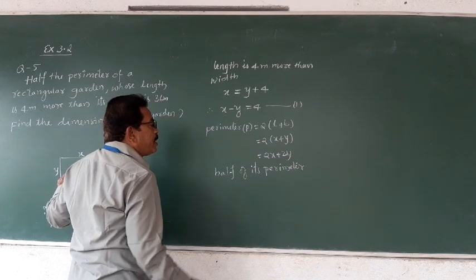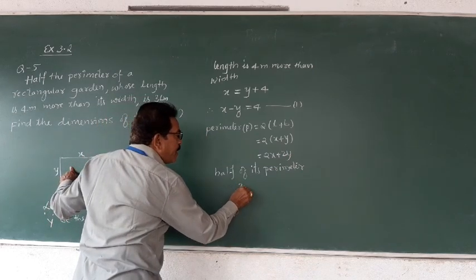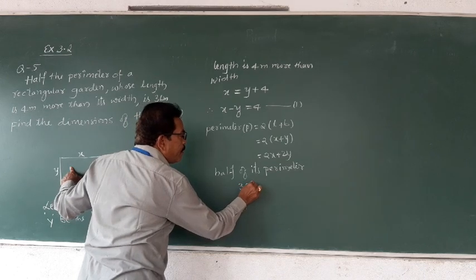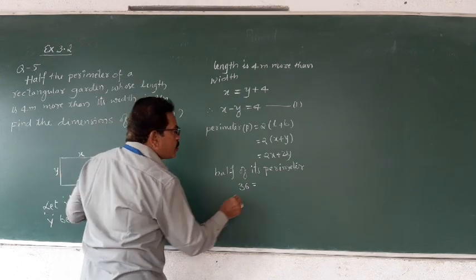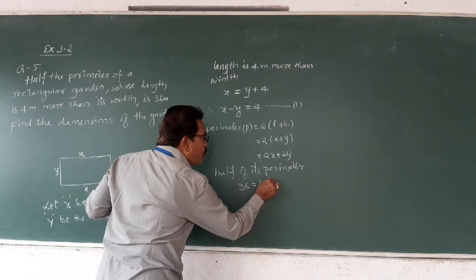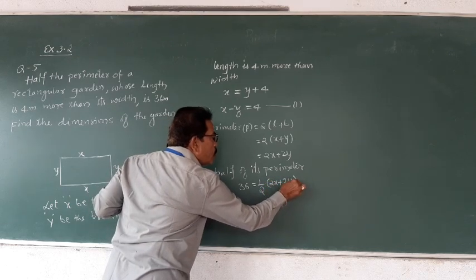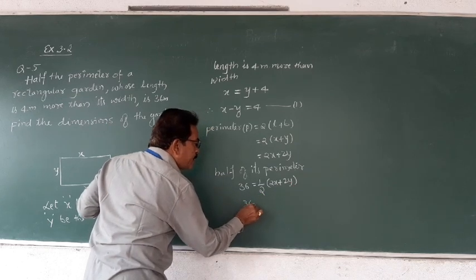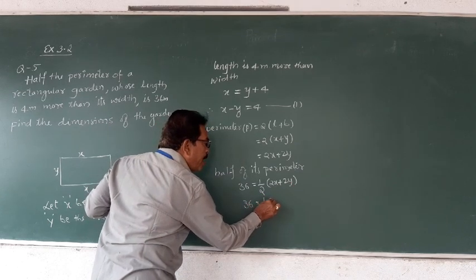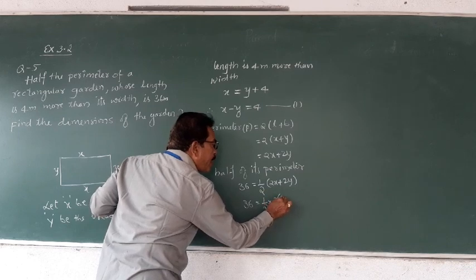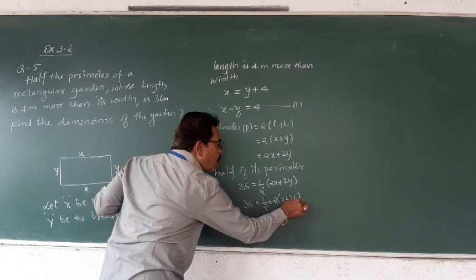Half of its perimeter is 36. That equals 1 by 2 in the bracket 2x plus 2y. 36 equals 1 by 2 into 2 common x plus y.